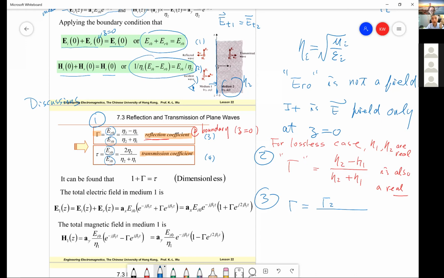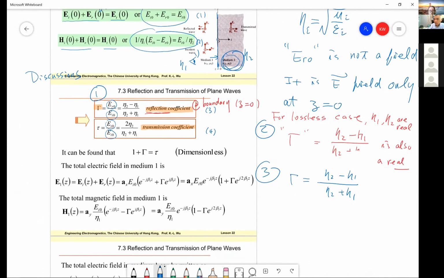This is your eye: what you see is eta 2, and yourself is eta 1. So it is eta 2 minus eta 1, over eta 2 plus eta 1. Very easy to remember, right? Now, once you know the reflection coefficient, you know the transmission coefficient by using the second equation.